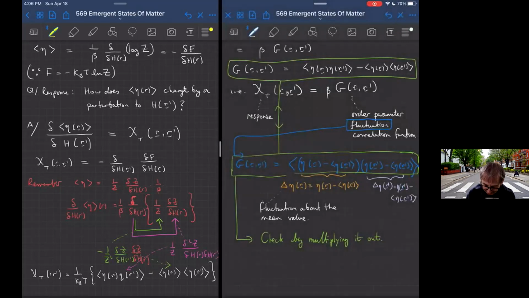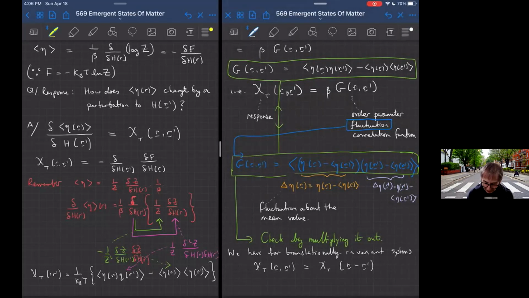And if we have a translational invariant system, then chi of r and r prime is just a function of the separation.